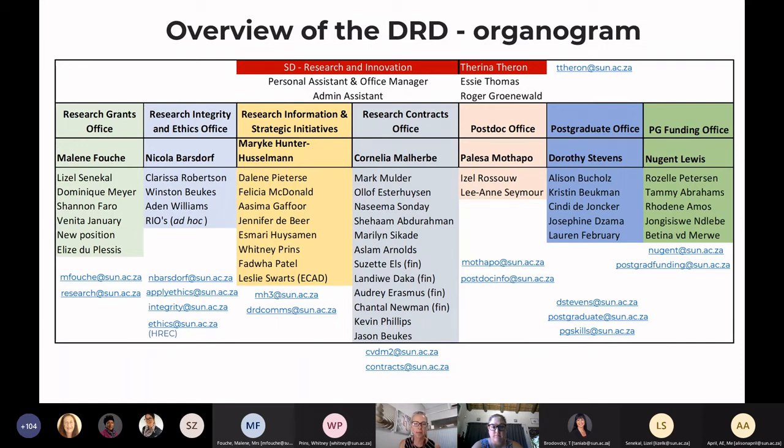Asima deals with NRF ratings. NRF ratings are an important part of us sharing research information and our understanding of our individual researchers with the NRF, and they then rate our researchers on a scale. So Asima is very closely involved with that. Jennifer is involved with information systems. Esmery assists Dalian and Felicia with the outputs.